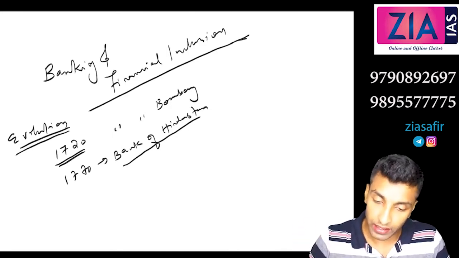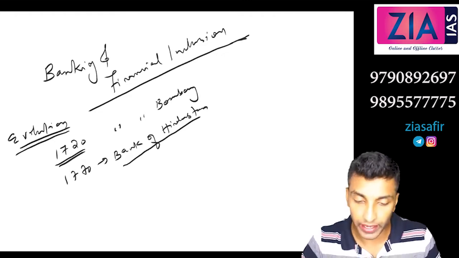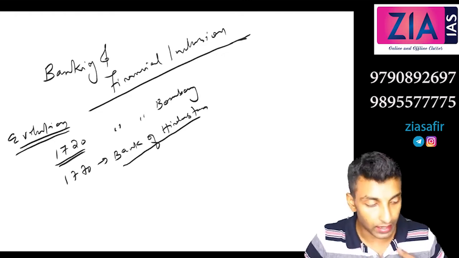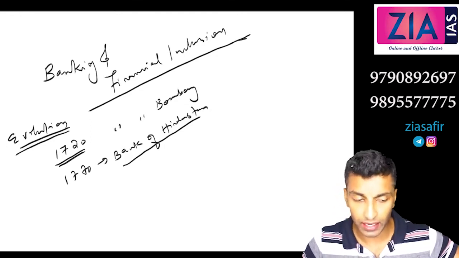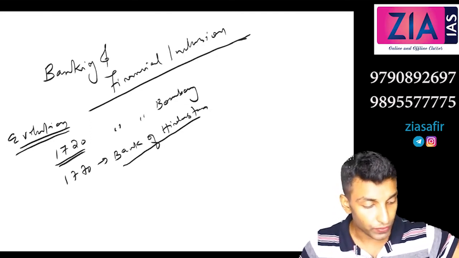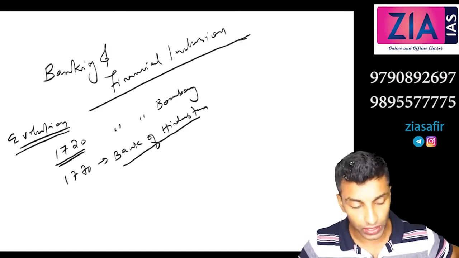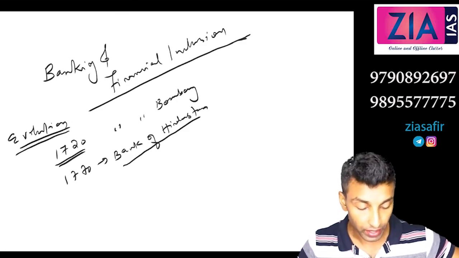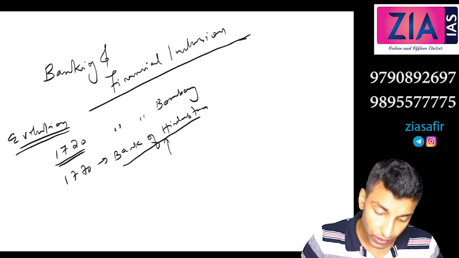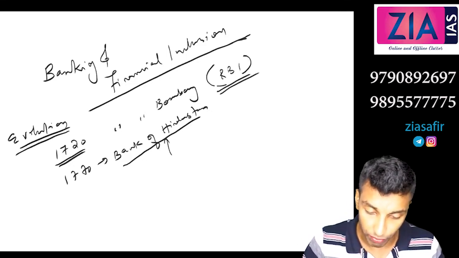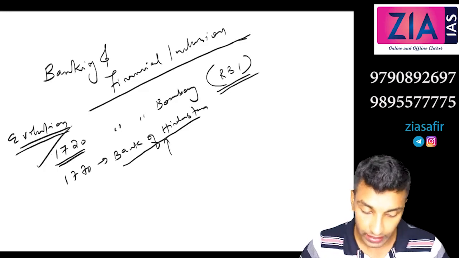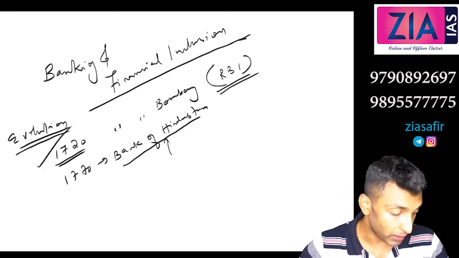You may not understand it now, but once we're done with the classes, to update current affairs and values when you write the exam, you just need to read the Economic Survey. Some books will tell you otherwise, but the RBI document says it is actually the Bank of Bombay. So for us, you can take it as 1720 Bank of Bombay.